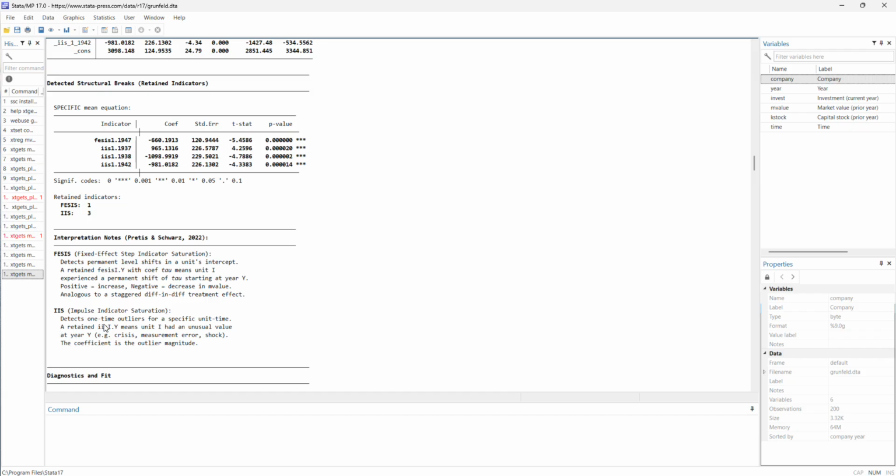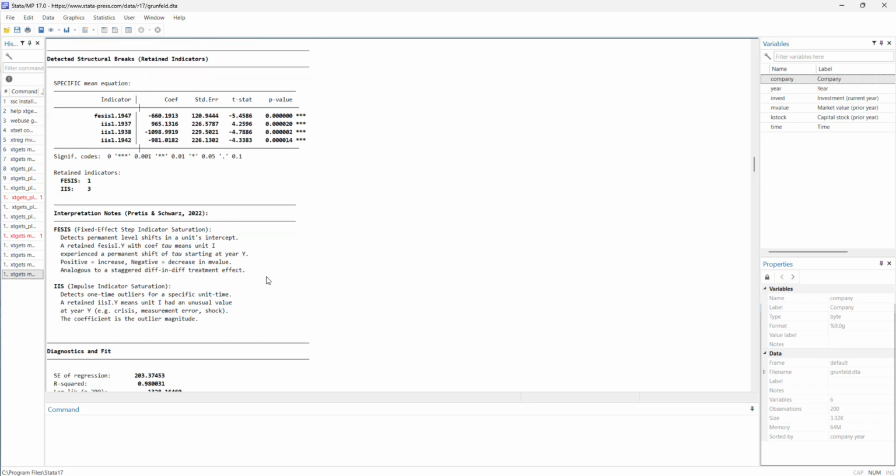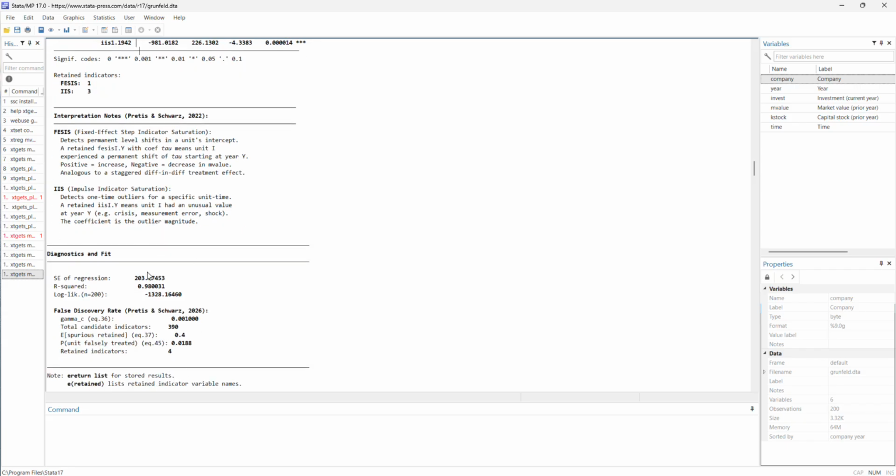IIS detects a one-time outlier for a specific unit and time. A retained IIS i.y means unit i had an unusual value at year y, for example a crisis, management change, measurement error, or shock. The coefficient is the outlier magnitude. So this method is detecting an outlier combination. And then there are some diagnostics of this model.